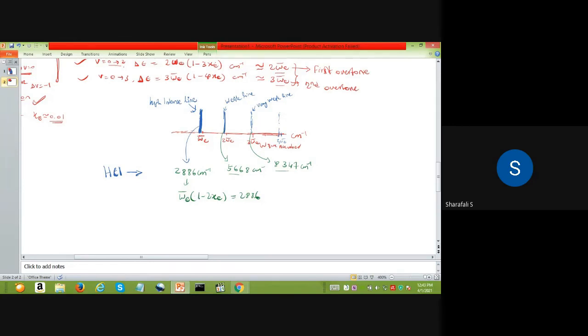We need the other values also. Then 2 omega e bar into (1 minus 3xe) is equal to 5668, and 3 omega e bar into (1 minus 4xe) is equal to 8,300.